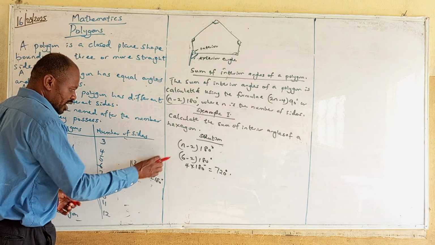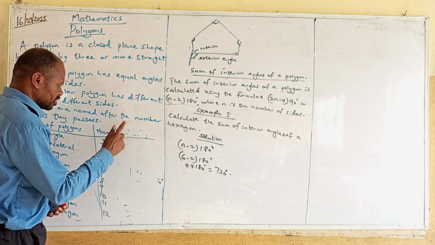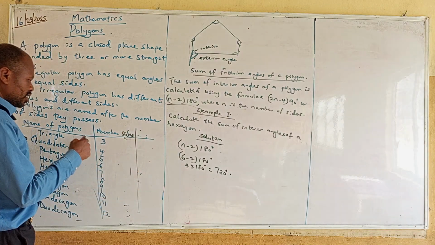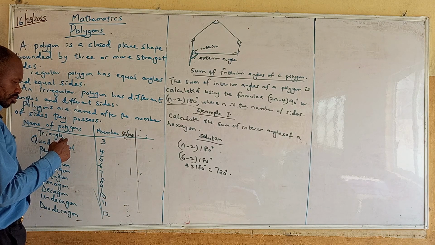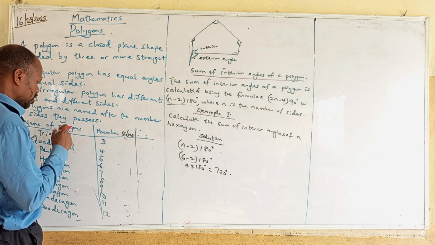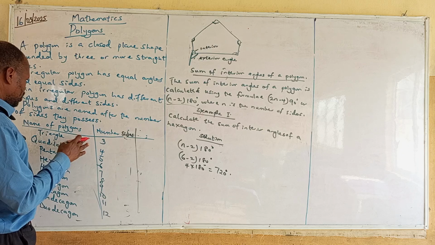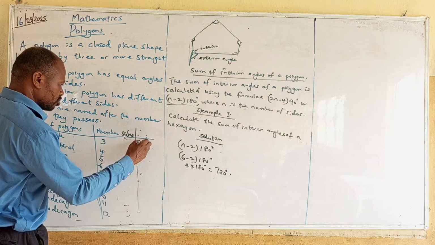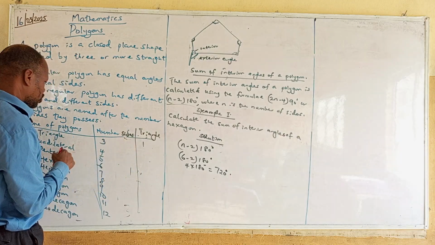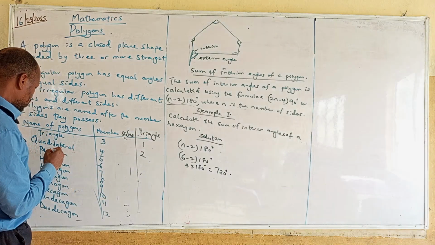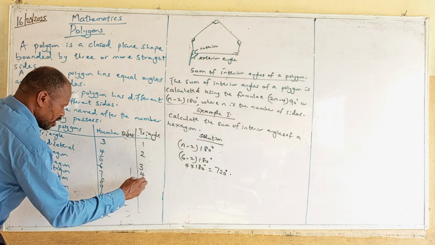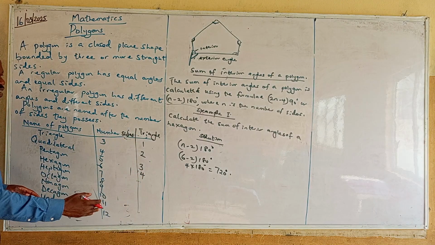And so that is why I can say a triangle has 1 triangle here, number of triangles in a quadrilateral is 2, in a pentagon 3, in a hexagon 4, and so on like that.